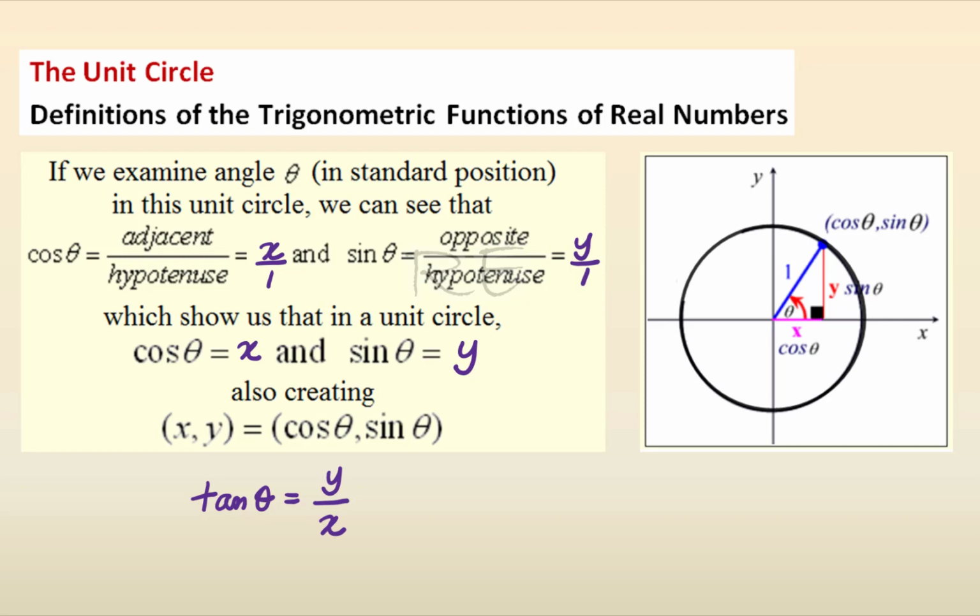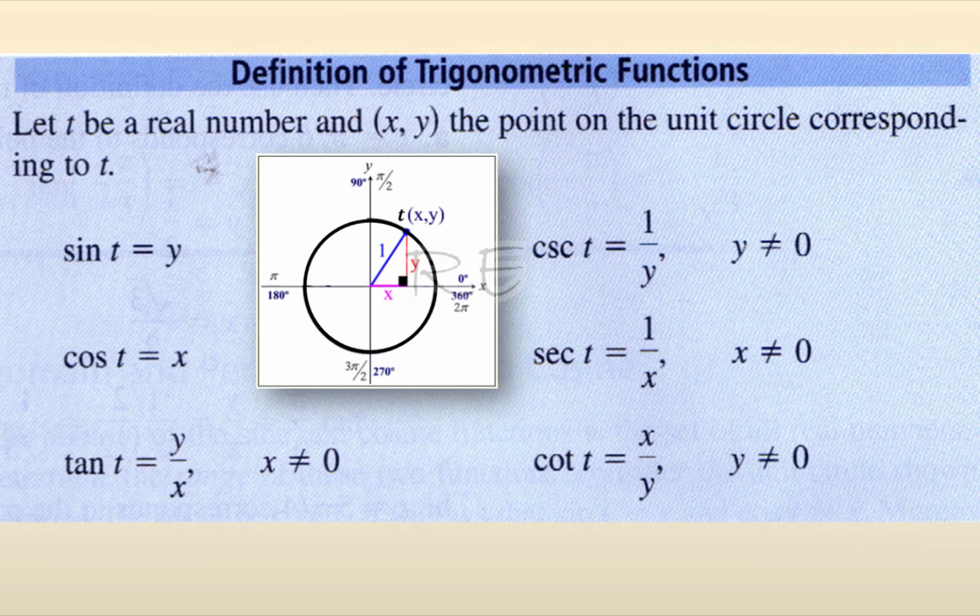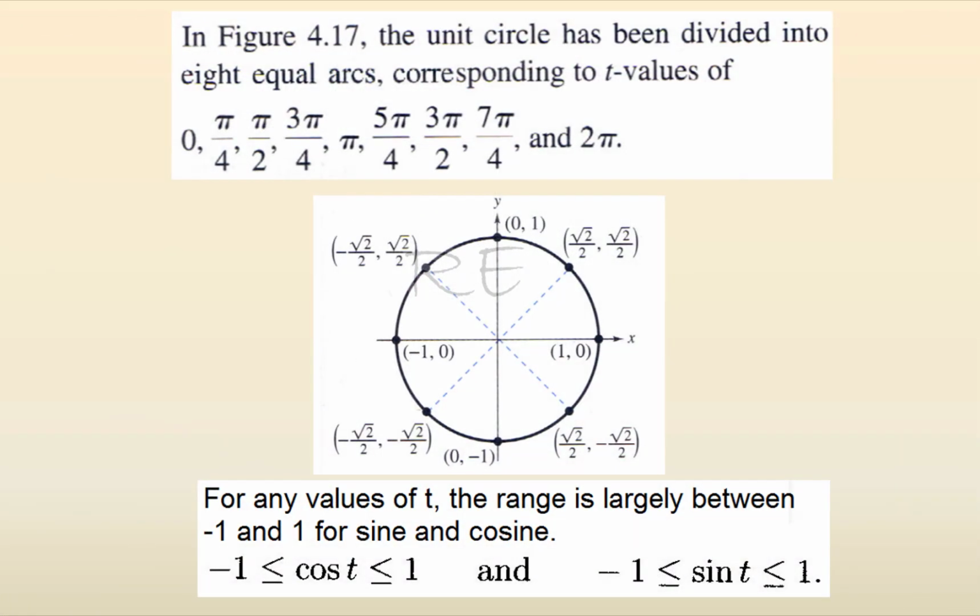And since x squared plus y squared is equal to 1 in the unit circle, sine squared theta plus cosine squared theta will be equal to 1. If t is a real number and x, y represent a point on the unit circle, sine t will be y, cosine t x, and tangent t y over x.